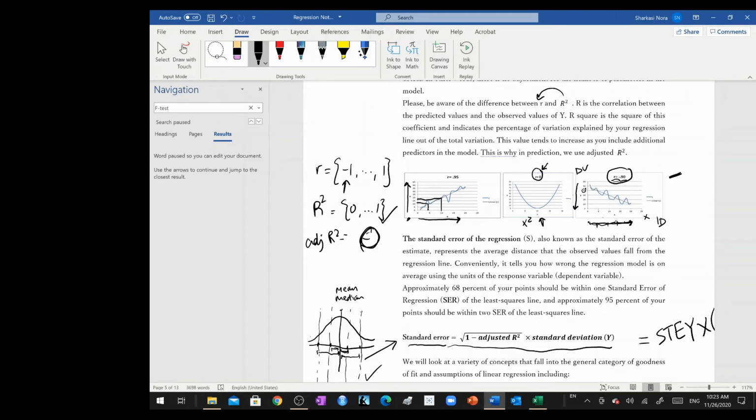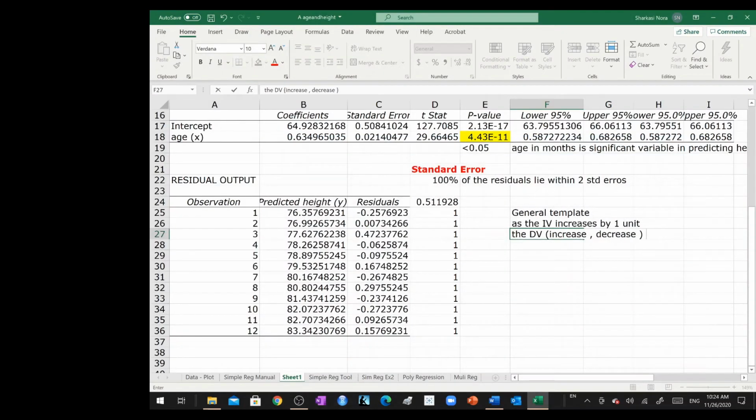If the sign of the coefficient is negative, as in the Pearson R correlation, then as the independent variable increases by 1 unit, the dependent variable decreases by the slope. And in linear regression the slope is constant, so the change in Y over the change in X at any point is the same. If it is positive, as the independent variable increases by 1 unit, the dependent variable increases by the value of the coefficient, which for simple regression is the slope.